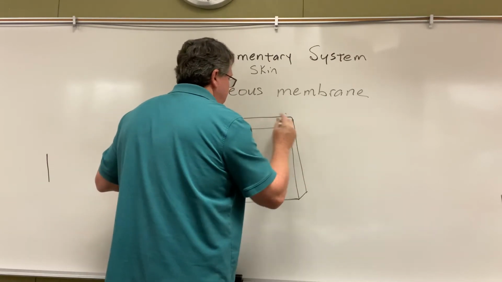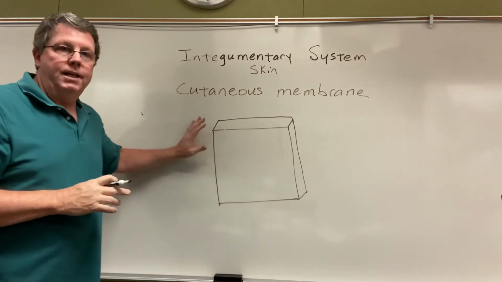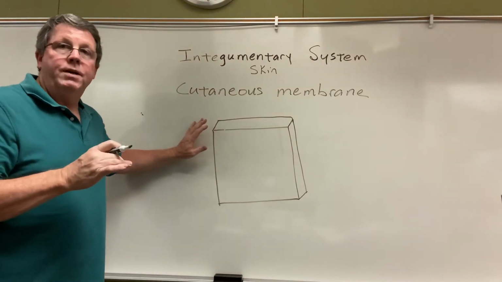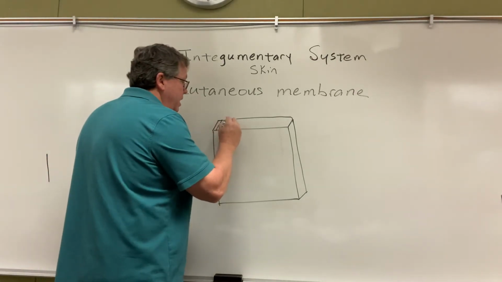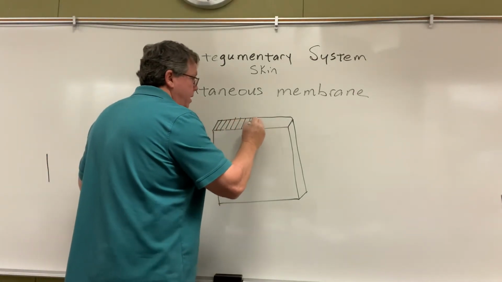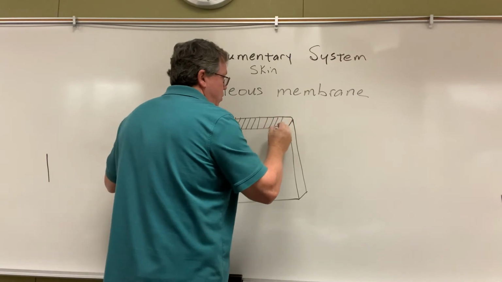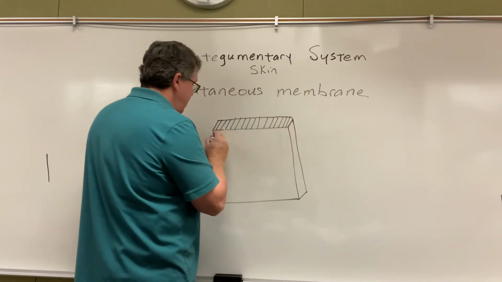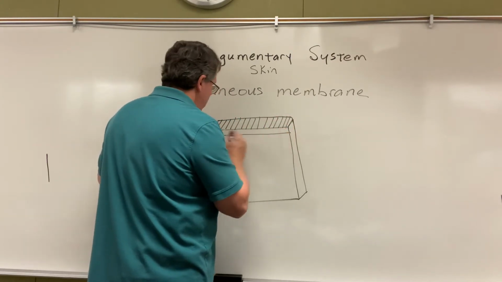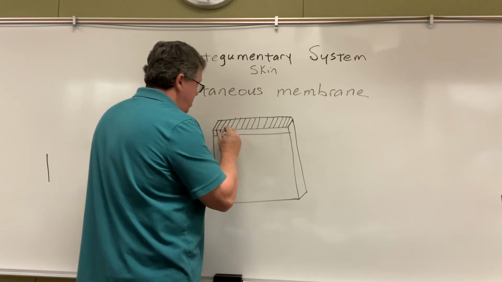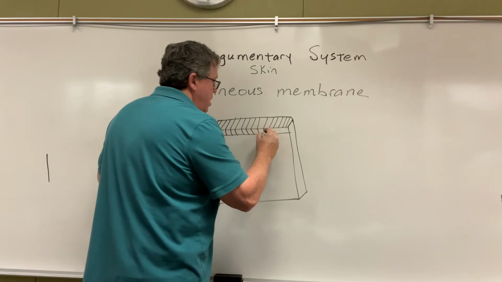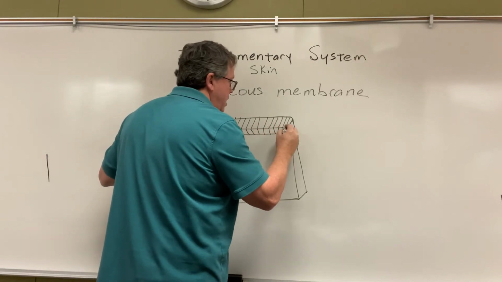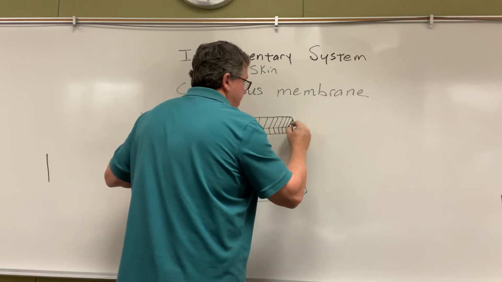So the top part of our skin is going to be called the epidermis. And the epidermis is actually made up of cells that are dead. They contain a protein called keratin that makes it waterproof. So I'm going to just put a little bit right there, and I'll make a little bit of this layer right in here too. And so this makes up our top layer of skin.